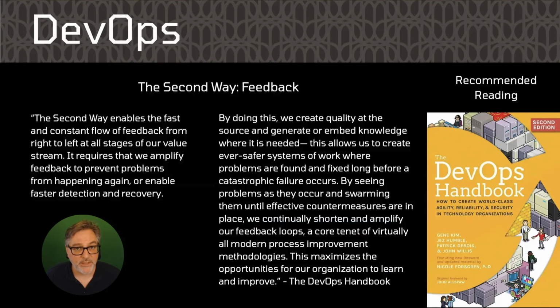I'll go through these again quickly. I think the sections of the course so far where I've talked about these concepts should already be fairly clear, so I won't belabor the point. But the second way enables the fast and constant flow of feedback from right to left at all stages of our value stream. Remember, we're trying to make work flow from left to right, but the idea of feedback moving from right to left enables the later stages to inform the prior stages.